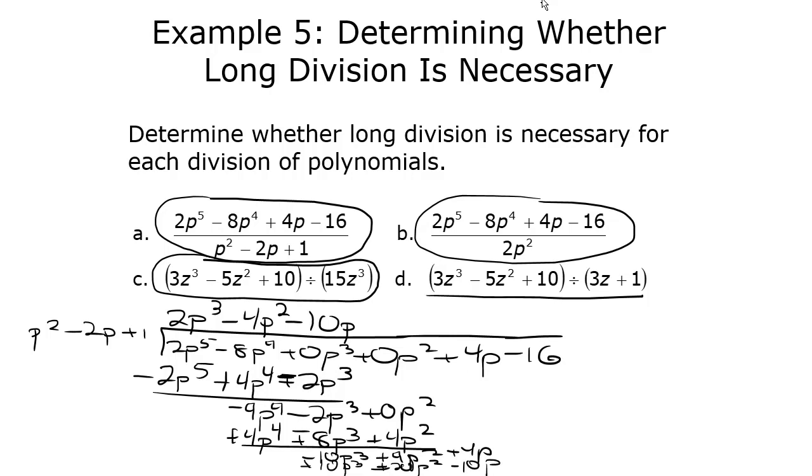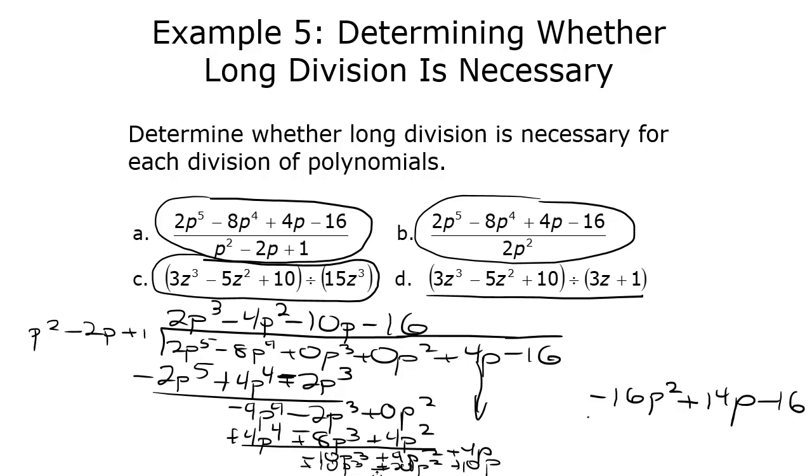Change signs and add. So I've got a positive 4 minus 20. So that gives me a negative 16p squared. And then I've got the plus 4p here from up there. And then the 10p here, because remember it was negative, but we changed signs so we can add. So we get plus 14p, and then we bring down the last piece, which is 16. And we're basically now repeating the process with this. This should have been down underneath here, but I ran out of room. All right, so p squared into here, negative 16.